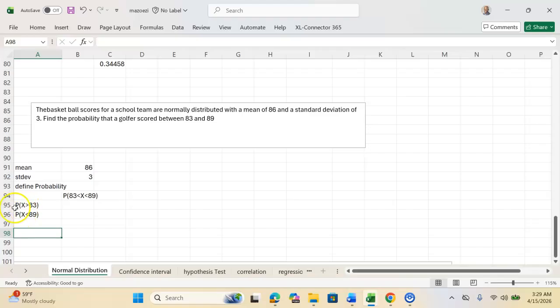So this one is not possible to use the Excel function to find it. So we can rewrite it as 1 minus the probability of x such that x is less than 83.